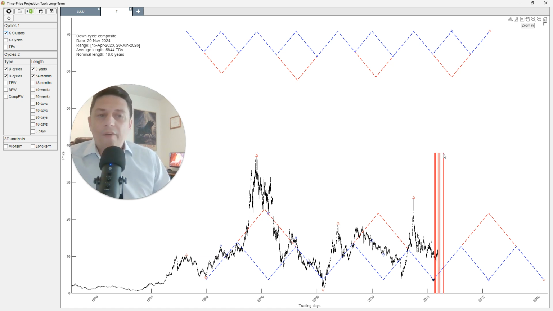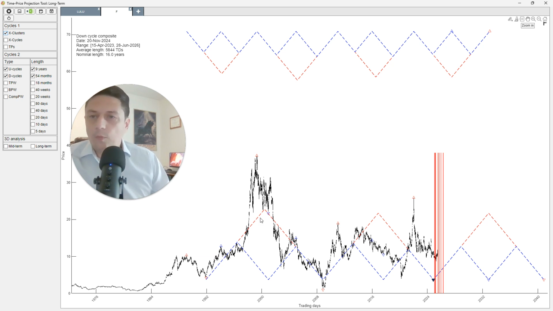So we have software that scans the chart of a particular stock, the stock that we're working on, and identifies our proprietary cycles. Very important to mention, it's not just any cycles, it's our proprietary time cycles. Then it identifies them on the chart and projects them into the future.